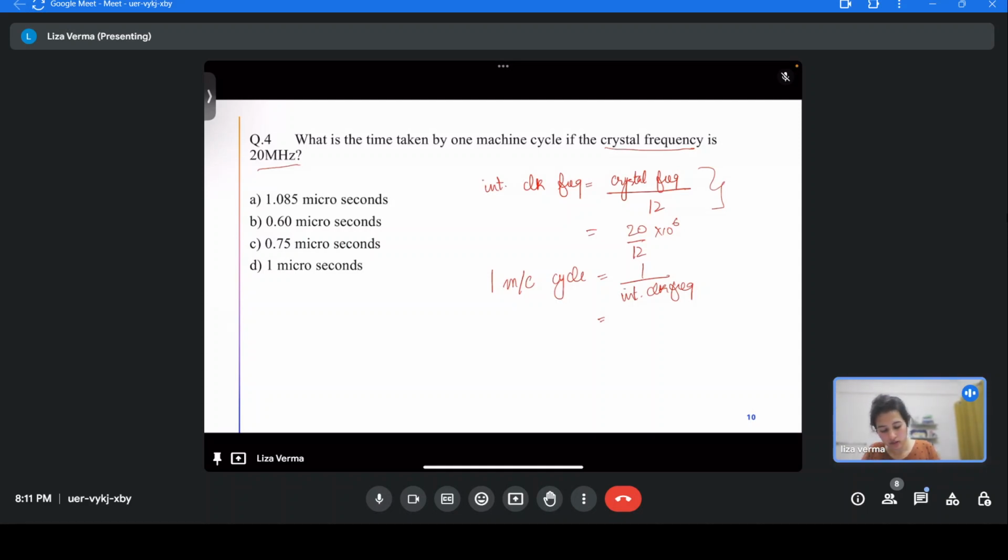So this will be 12 by 20, which will give us 0.6 microseconds. You can calculate it. Option B is correct.